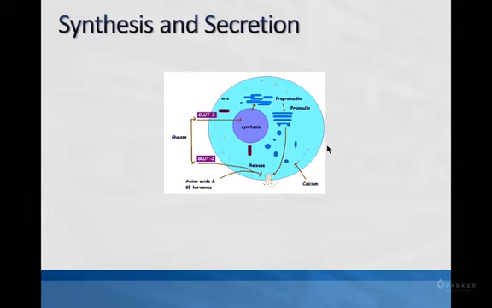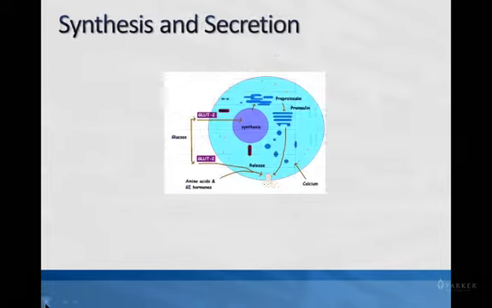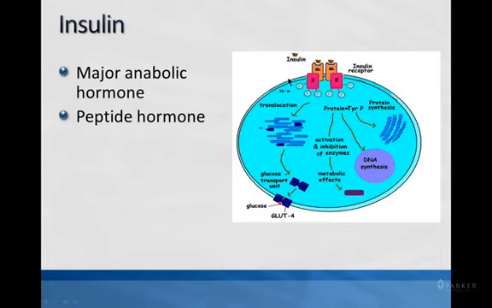Eventually it assumes its proper three-dimensional shape and then will be released from the cell. Now, I'm going to go back here. When it's released from the cell, it will bind to its receptor and cause a number of effects.